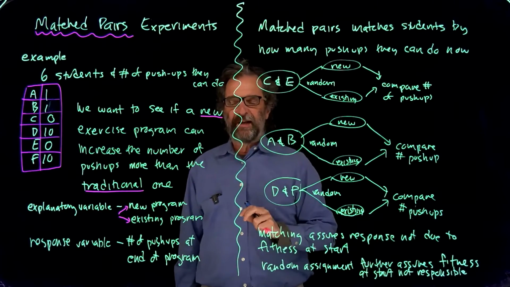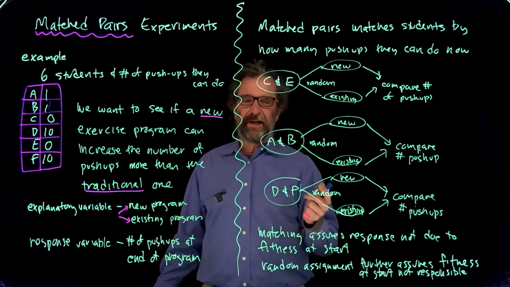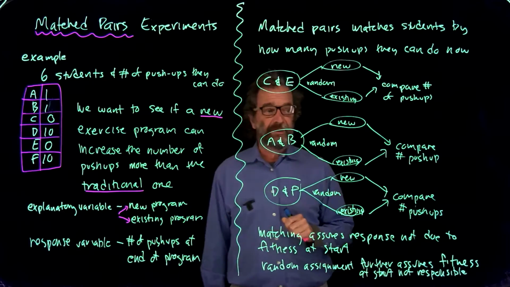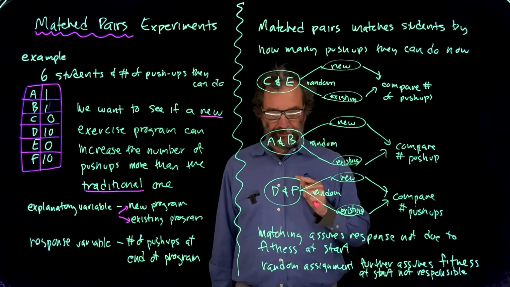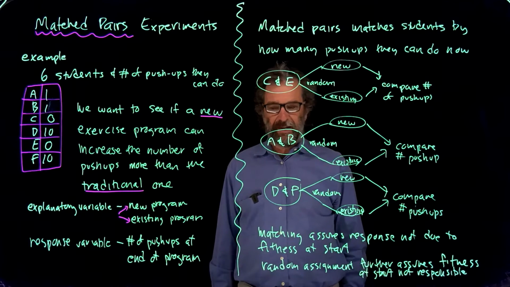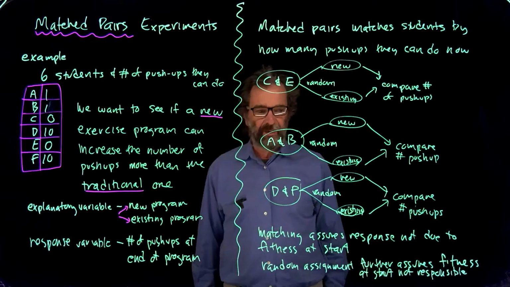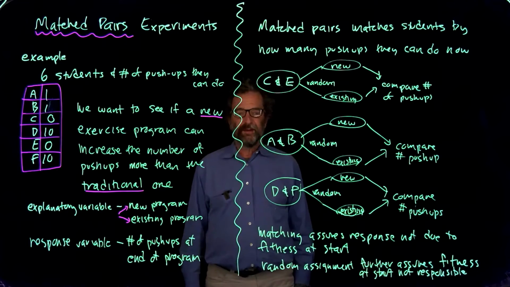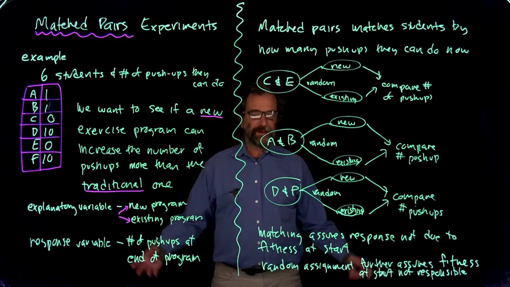Then we randomly assign them after that to make sure we've not systematically chosen, or to try not to systematically choose, people who are more likely to do more push-ups and stick them in one of the groups. That's a long-winded way to say randomization helps you keep other factors from influencing the outcome because you've randomly assigned those other factors to the groups. And so the main effect is supposed to be the treatment you're studying and not those other variables.